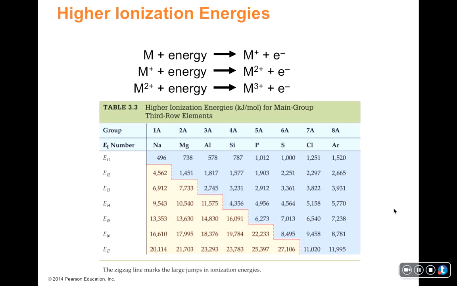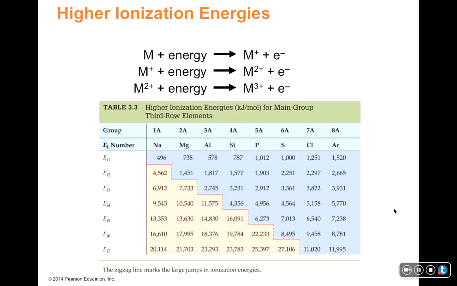Okay, we can also talk about second and third ionization energies. So these would be removing the second highest energy level electron, then the third highest energy level electron. I am not going to go through those for the context of this course, but know that we do know those ionization energies.